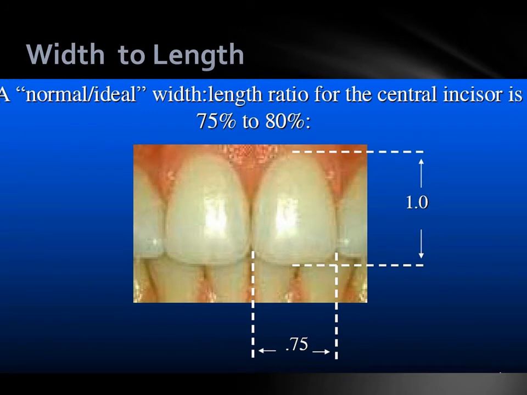This will result in the width to height relation of the central incisor that will be comprised between 75% to 80%.